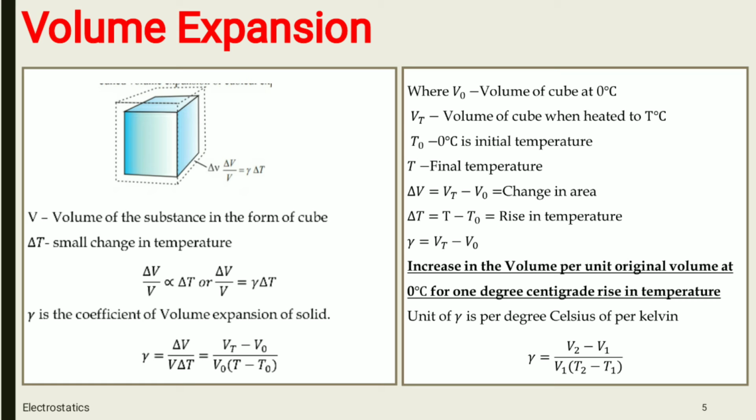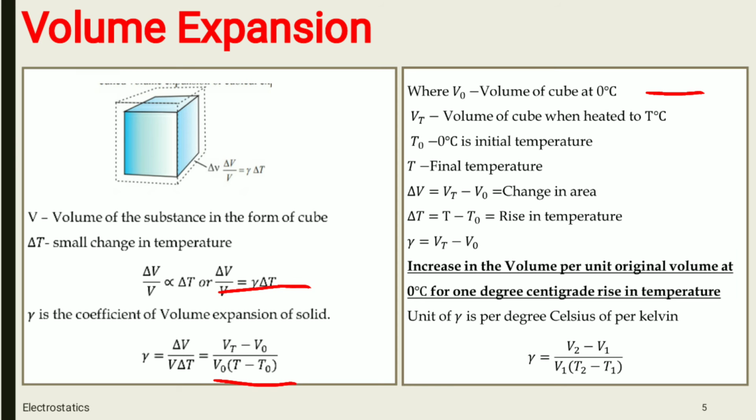Next, you can rearrange the above equation: gamma is equal to delta V divided by V into delta T. Instead of delta V and delta T, you can write Vt minus V0 divided by V0 in bracket T minus T0.